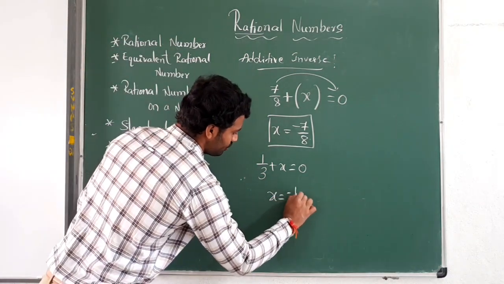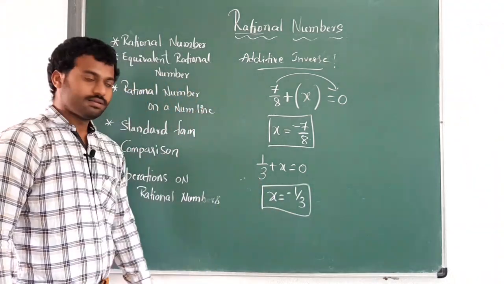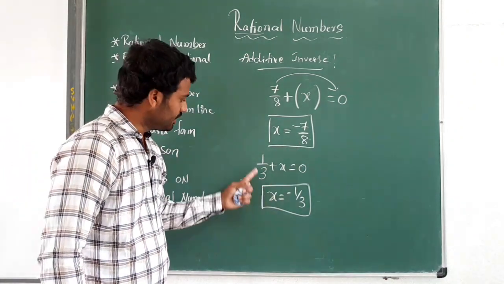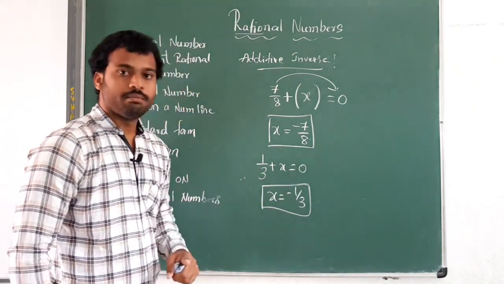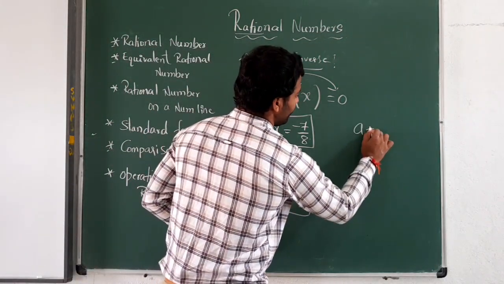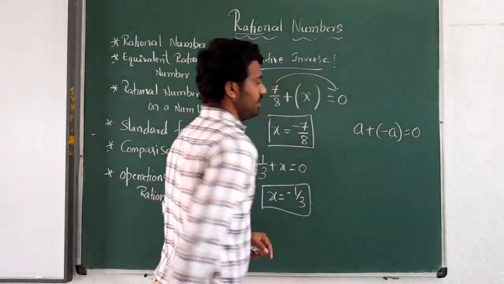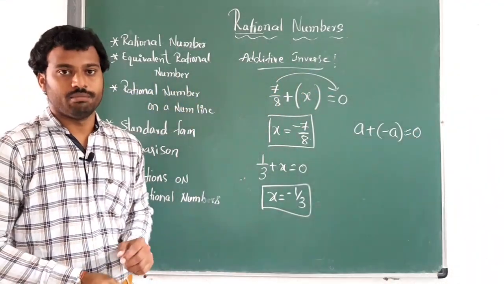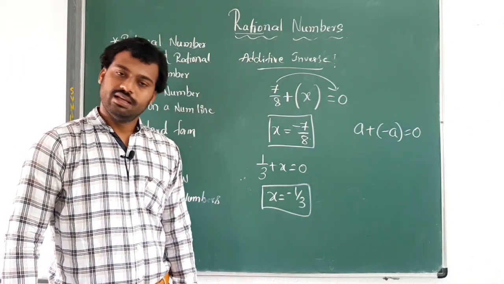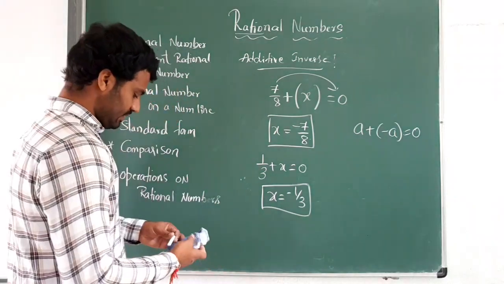So x is equal to minus 1 by 3. See, the additive inverse of 7 by 8 is minus 7 by 8. The additive inverse of 1 by 3 is minus 1 by 3. So in general, the additive inverse of A is minus A. In general, it's the negative number that is the additive inverse. Is it clear? Clear or not? Very good.